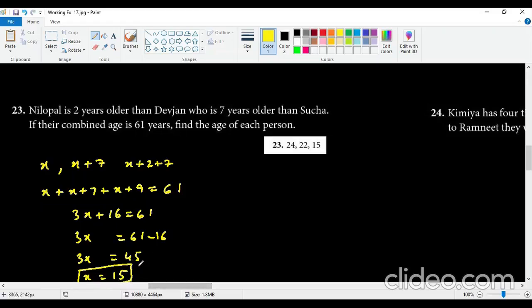First is going to be 15, this one Sucha, and then comes second one x plus 7, which is going to give us 22. 15 plus 7 is going to give us a 22, which is this one. And the third one is x plus 9, which is 15 plus 9, going to give us a 24. So this is the required answer for this question.